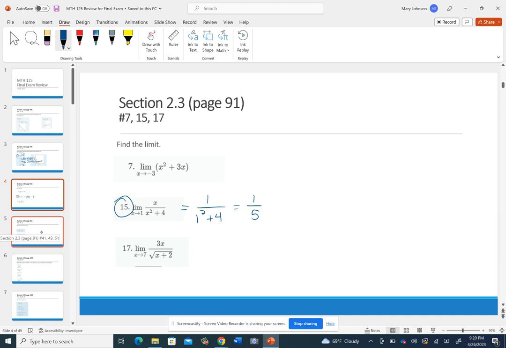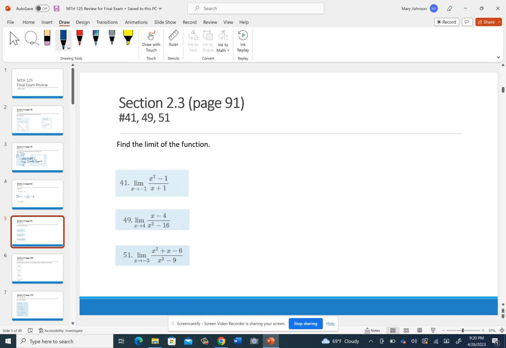So don't be thinking everything's got to be as hard as possible. All right, let's go ahead and take a look at section 2.3. On this one, we're gonna do one of these. Let's go ahead and do 51. All right, so I'm going to try to use direct substitution on that one also. I wanted the limit as x approached -3 of this rational function.